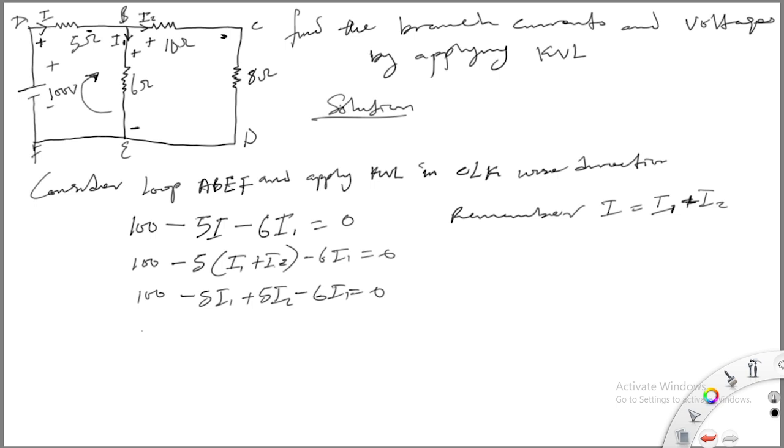So what do we have here? What we have here is I1 and I1 would be negative, right? Would be minus 5 I1 minus 6 I1 minus 5 I2 plus 100 is equal to 0.